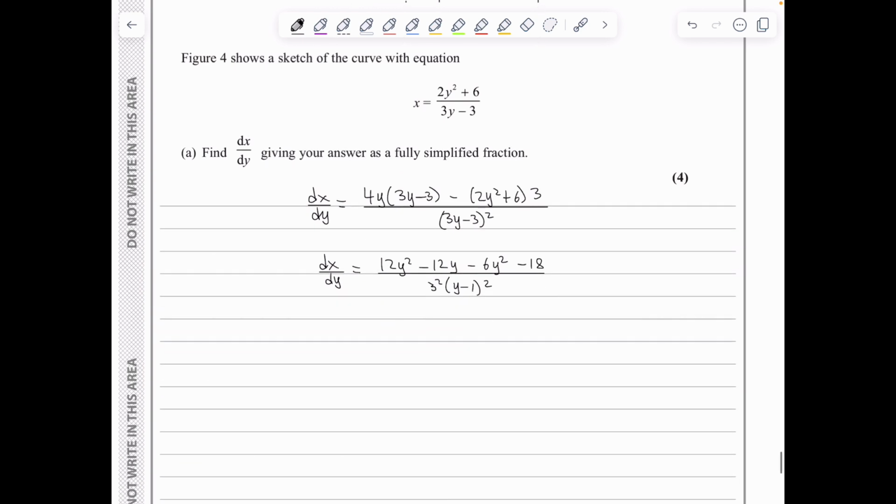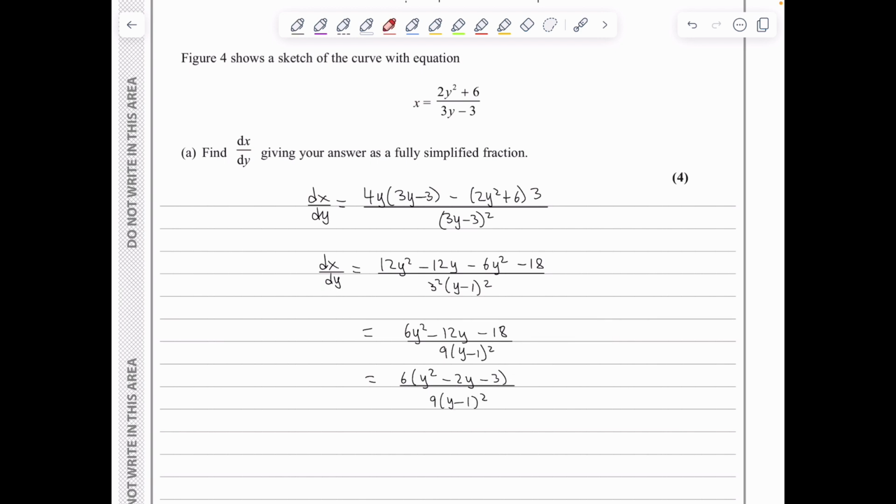And this leads to the numerator being 6y squared minus 12y minus 18 over 9 brackets the y minus 1 squared. Well, we can see that there is a common factor of 6 in the numerator, so we're looking at 6 brackets y squared minus 2y minus 3 over the 9 times y minus 1 squared.